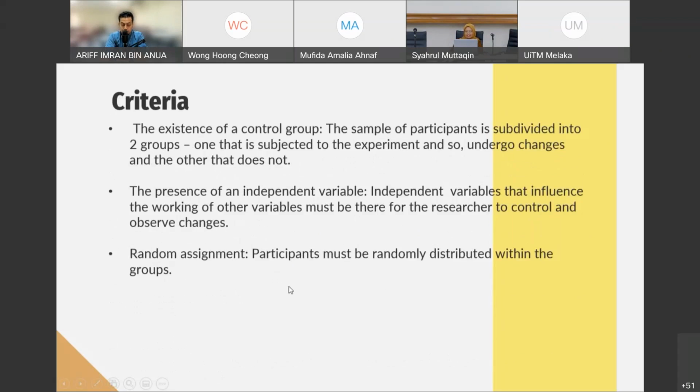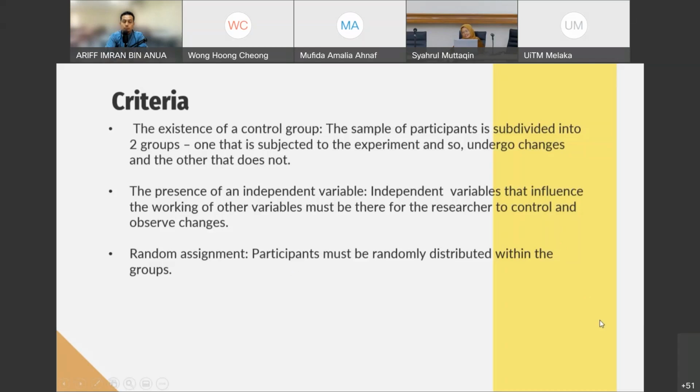It means that participants must be randomly distributed within the groups. Yeah, we cannot just choose, oh, this class as control group and this class as treatment group. So you cannot do that since you have to put them in random.